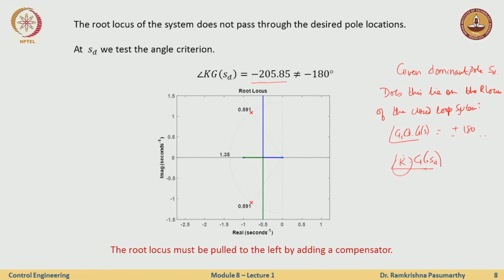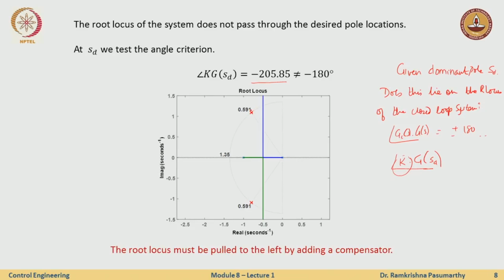Okay, so just by adjusting the gain, we are not able to meet the desired specifications, right? Another way to find out is to look at the intersection of the constant zeta line and the constant omega_n line, and that intersection turns out to be this one. It is just a way to find graphically the desired closed loop dominant pole pair, and it is easy to check that these are not on the root locus.